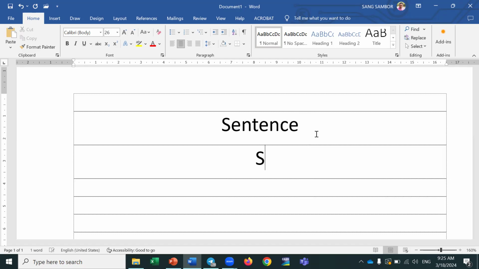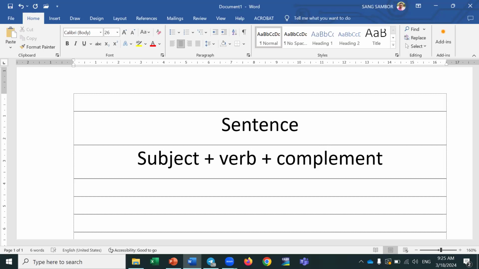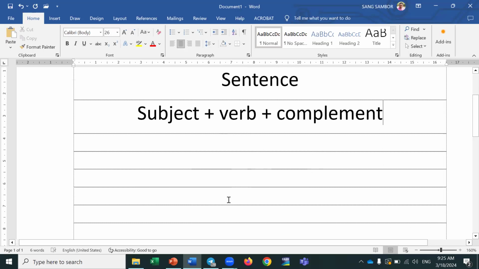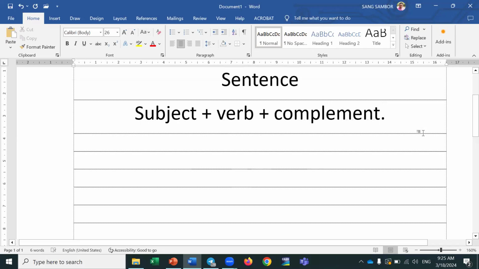So you got subject plus verb plus complement. All right, in that case, this is something you learn in your writing skill subject, I believe. So you got subject plus verb plus complement, forming a complete sentence.